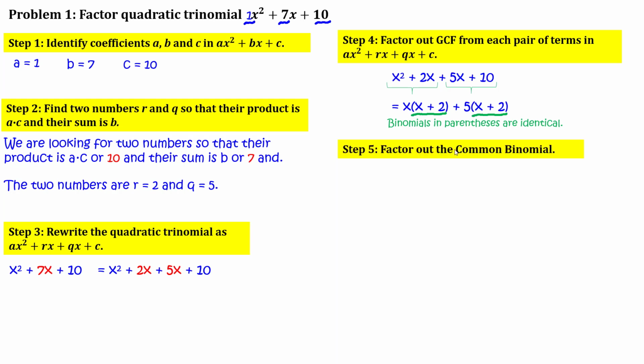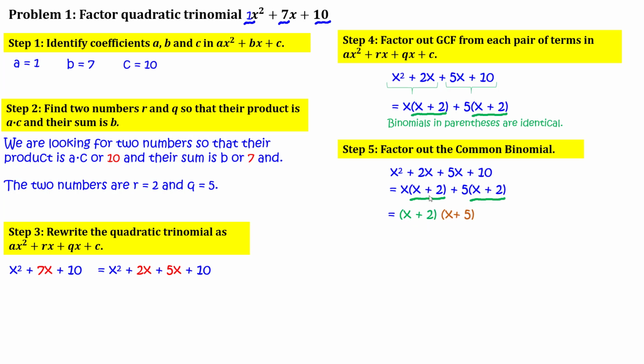That's my step 4. Step 5 is I'm going to start out with the previous steps. So x squared plus 2x plus 5x plus 10 equals x times x plus 2 plus 5 times x plus 2. You have 2 groupings being added, and they both have a common binomial of x plus 2. So I'm going to factor x plus 2 out.